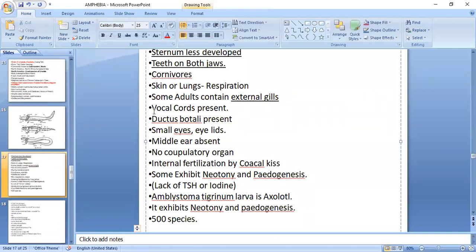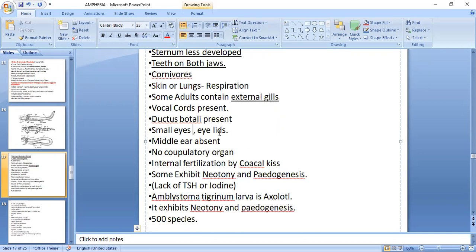Earlier, we saw that in Apoda there are no vocal cords, no limbs, no girdles, no sternum. Here some of these start to appear. Sternum is less developed, girdle is present, limbs are present. Tail is present, whereas tail is absent in Apoda. Vocal cords are absent in Apoda, and here they are present but not much developed. Ductus endolymphaticus is present in both Apoda and Urodela. Small eyes and eyelids are present here, whereas in Apoda the eyes are not well developed, very small, and eyelids are absent.